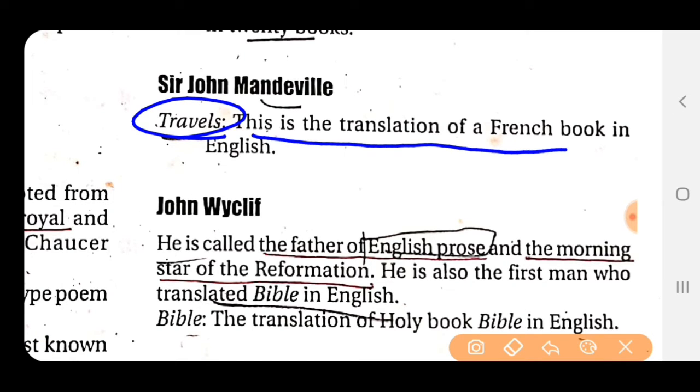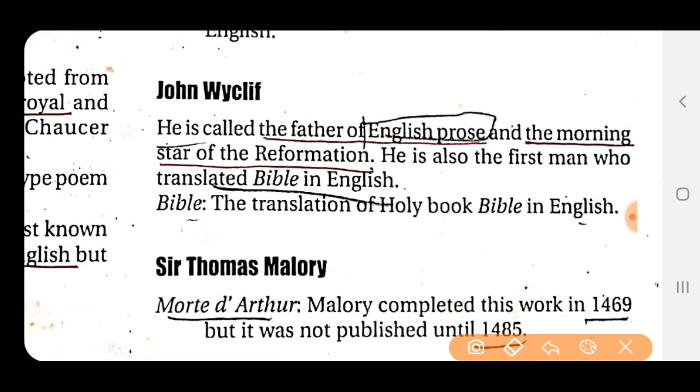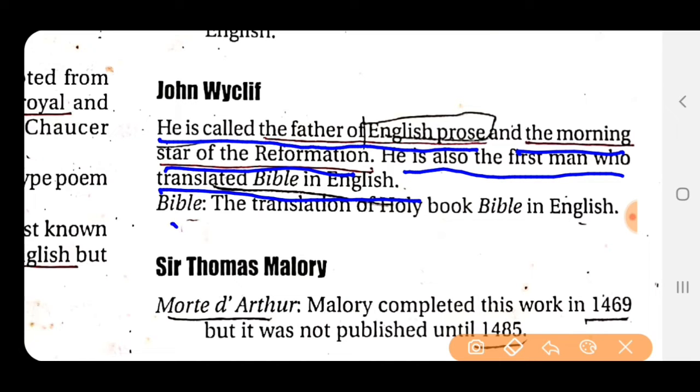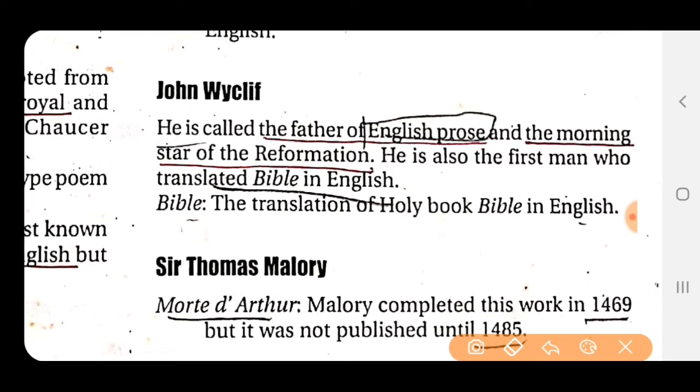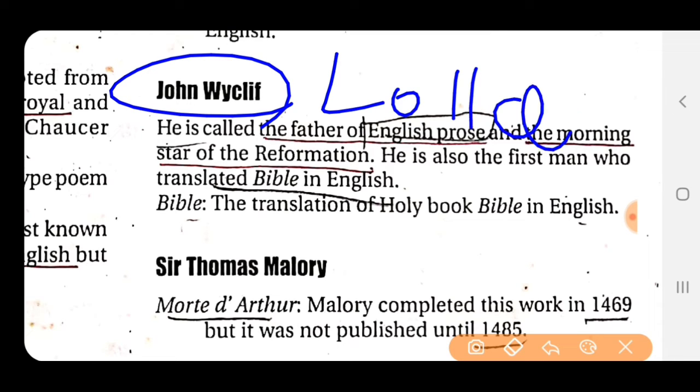This is the translation of a French book into English. जॉन वाइक्लिफ. John Wycliffe is the father of English prose and the morning star of the Reformation. He is also the first man to translate the Bible into English. इन्होंने एक मूवमेंट चलाया था जिसको लोलार्ड मूवमेंट कहते हैं और इनके फॉलोअर्स को लोलार्ड्स कहते हैं.